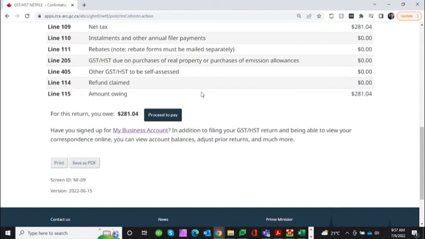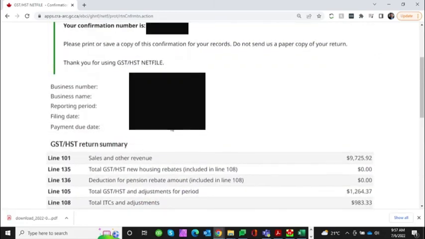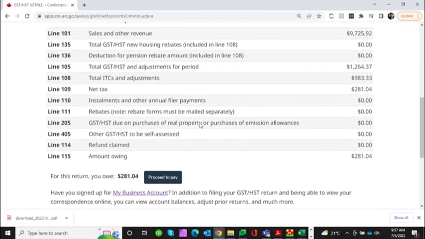Or the option is you can save this HST return, and the next step is that the CRA has already received it. This is your confirmation number, as I said, and they're going to send you a notice of assessment.